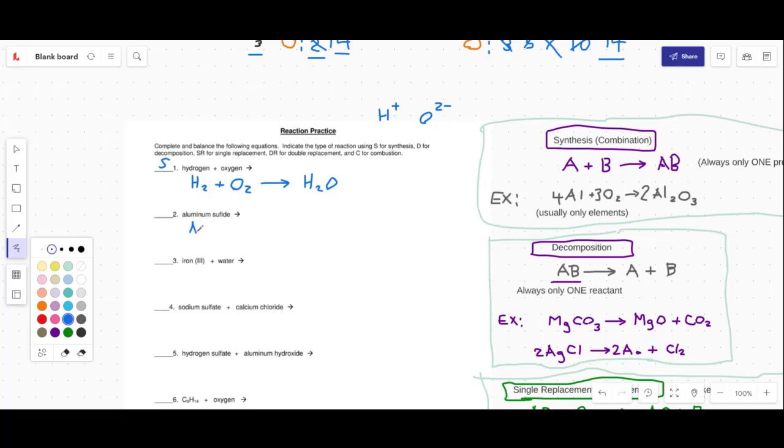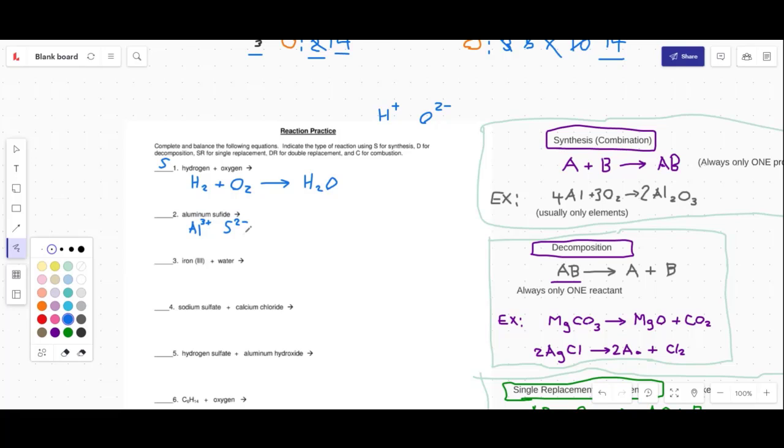What's the charge of aluminum? 3 plus, good. And what's the charge of sulfur? This is sulfide, not sulfate, so it's not a polyatomic ion. Sulfide will be S2 minus.